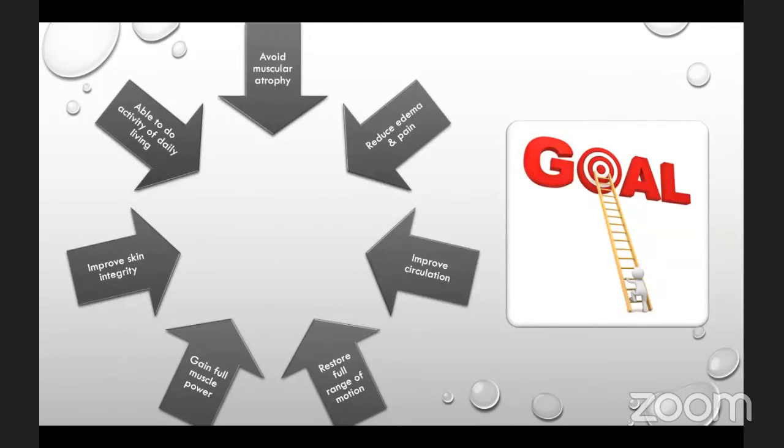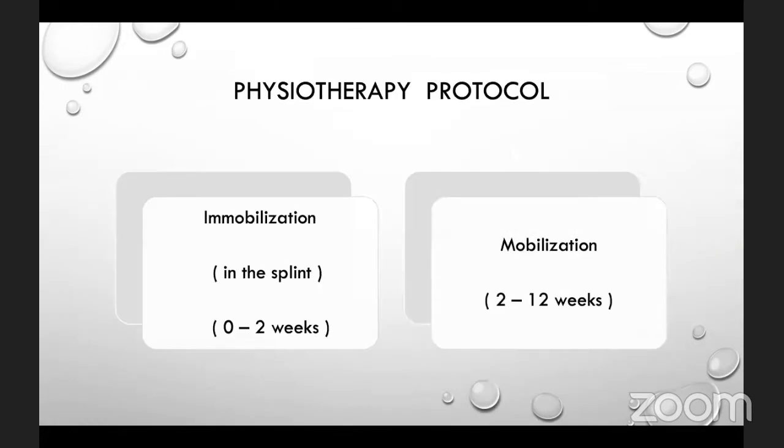I explained we are doing this to avoid muscular atrophy, reduce edema and pain, improve circulation, restore full range of motion, gain full muscle power, improve skin integrity, and finally be able to do activities of daily living.